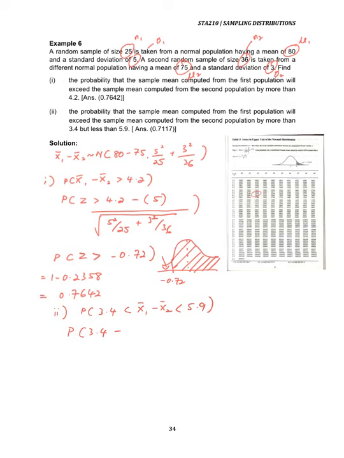5. Minus 5, divided by the square root of 5 squared over 25 plus 3 squared over 36. So this one will be Z. And this one, 5.9 minus 5 over the square root of 5 squared over 25 plus 3 squared over 36.